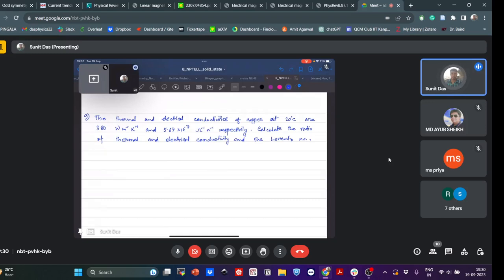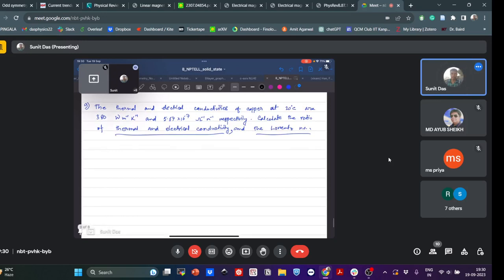Now we need to calculate the ratio of thermal and electrical conductivity. This is question 1. And then also the Lorentz number. So what is Lorentz number?